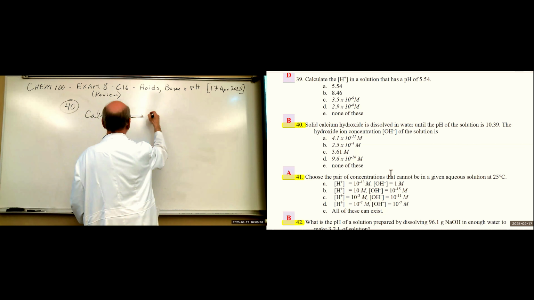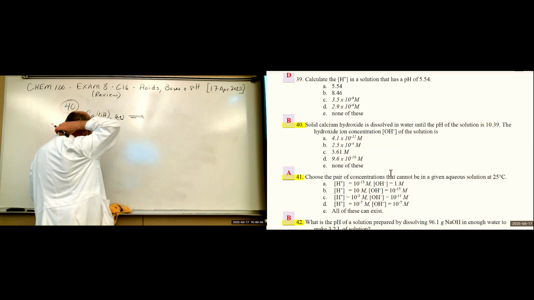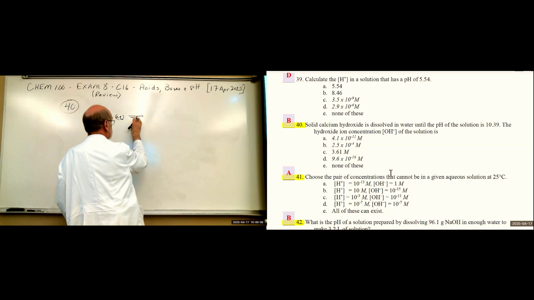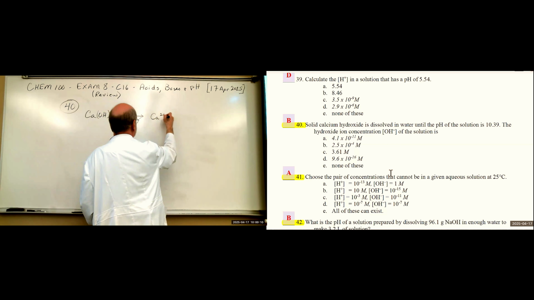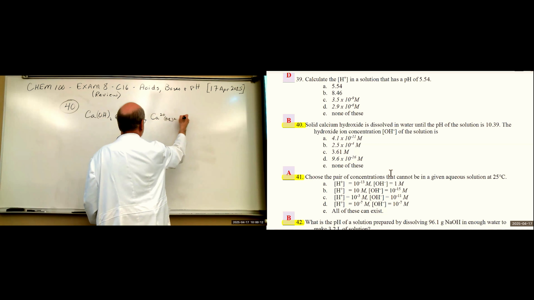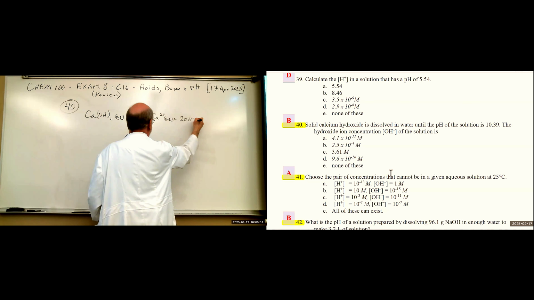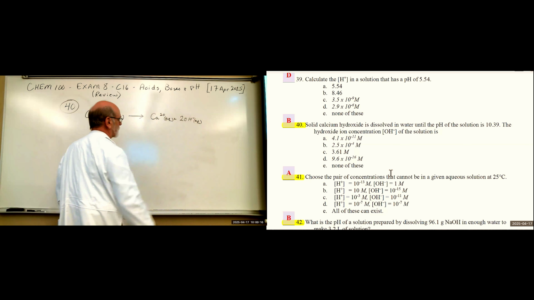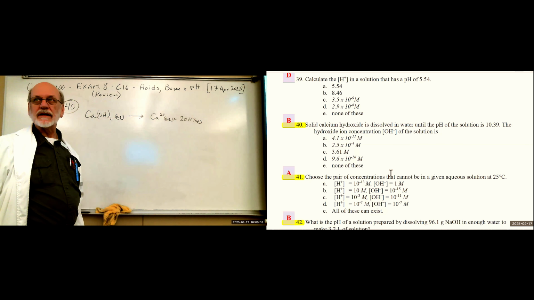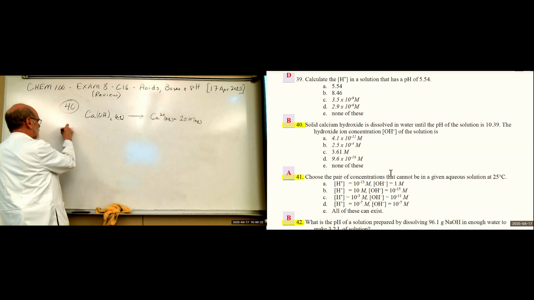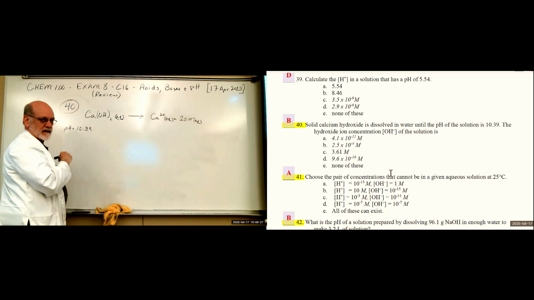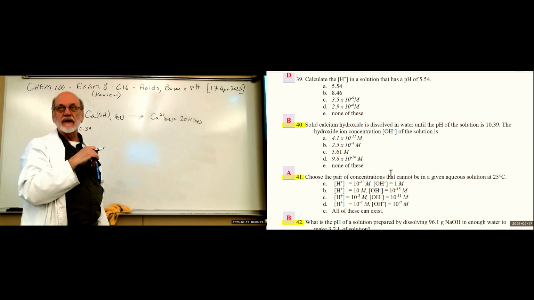And this is going to produce, actually, that's a strong base. So it's going to produce all of that as calcium 2 plus and 2 hydroxyls. Okay. Until the solution is 10.39 pH. pH equals 10.39. That's everything we're given.